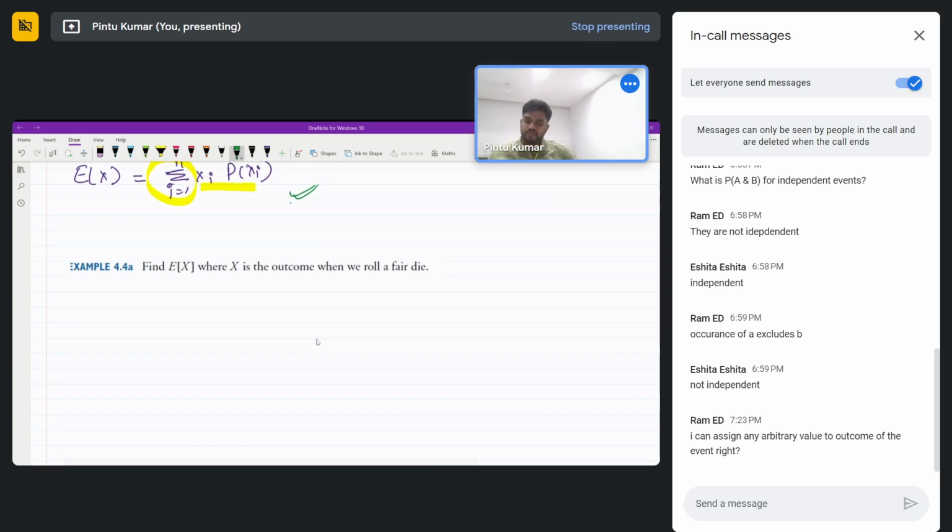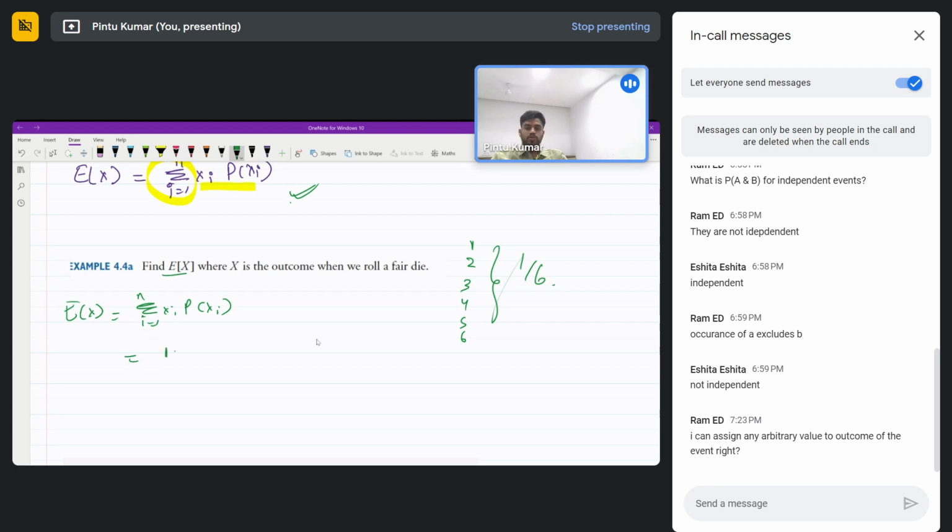So this is what is meant by expectation. So here is a question. Let's say x is the outcome when we roll a fair die. What is the expectation of x? When we roll a fair die, you get 1, 2, 3, 4, 5, 6, all with probability 1 by 6. So this is the summation of i equal to 1 to n of xi times probability of xi.